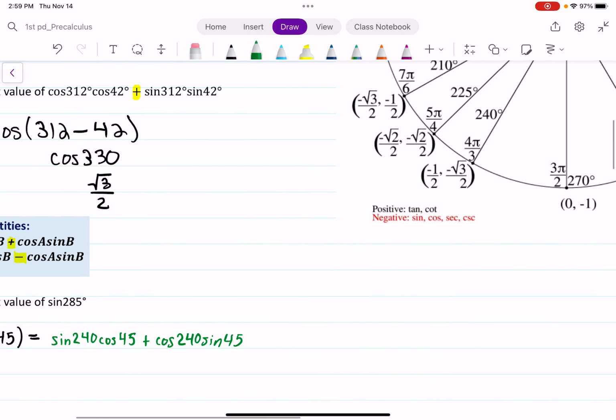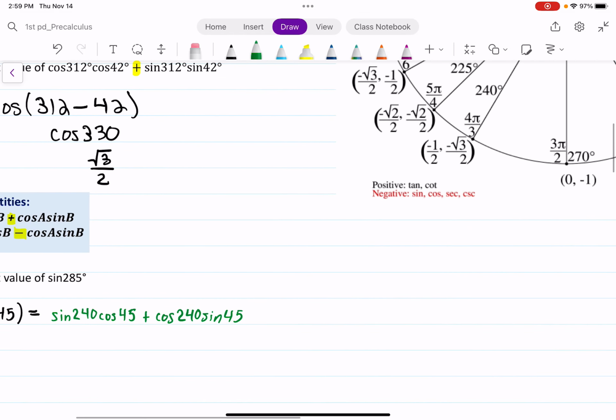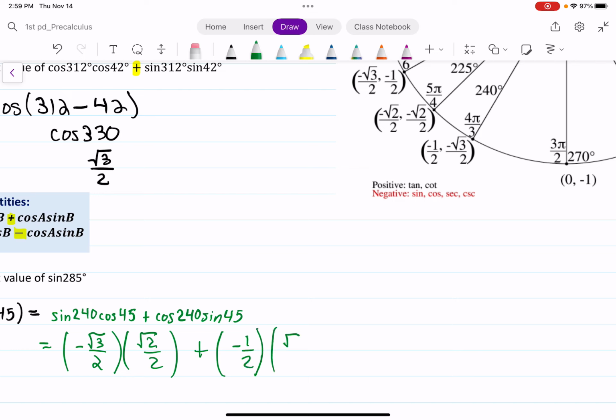So let's see, the sine value at 240 is negative square root of 3 over 2. Cosine of 45 is square root of 2 over 2. And cosine of 240 is negative 1/2. And sine of 45 is square root of 2 over 2.